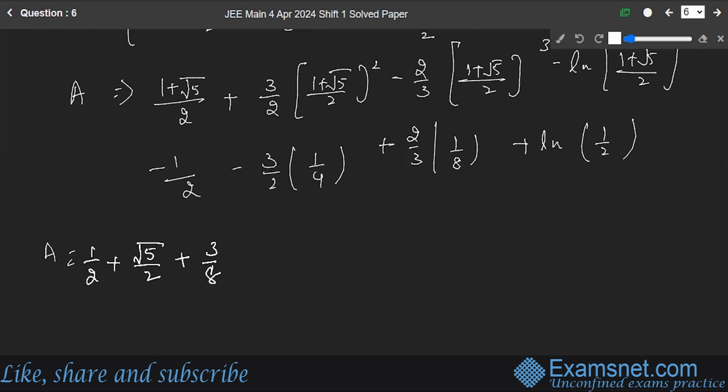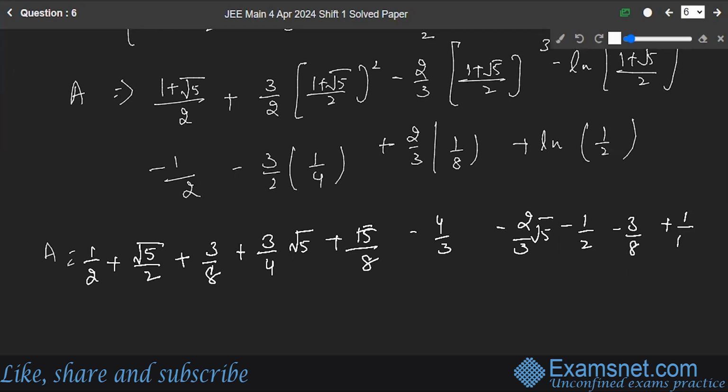Okay, this will be 3 by 8 plus 3 by 4 into root 5, 15 upon 8, 4 upon 3 minus this plus 1 by 12 minus natural log of, I'm combining both of them. This will be 1 plus root 5 upon this, minus, have been taken outside. So you can write it like this.